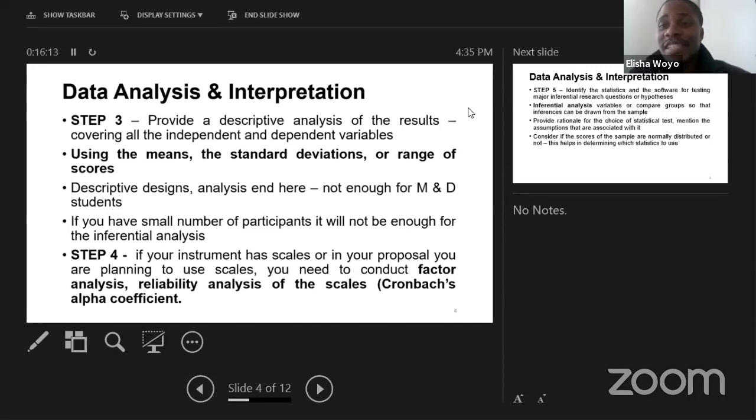So you need to collect data from 1,000 people, 500 people, for you to be able to run meaningful analysis. For instance, if you are to do structural equation modeling, you need a minimum of 230 people who would have completed your survey and given back to you the information that you would need.